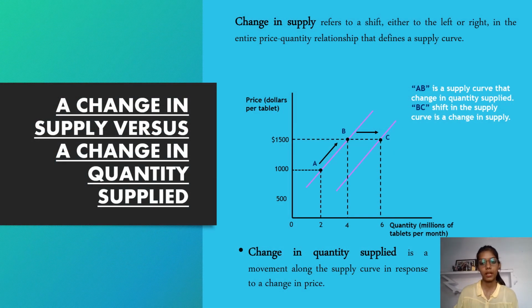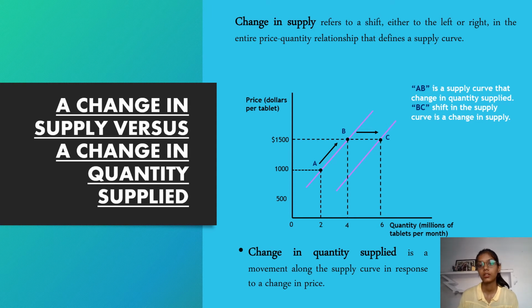A change in supply versus a change in quantity supplied. A change in supply refers to a shift in the entire price-quantity relationship that defines a supply curve. On the other hand, a change in quantity supplied is a movement along the supply curve in response to a change in its price.